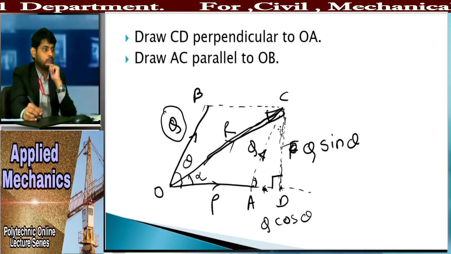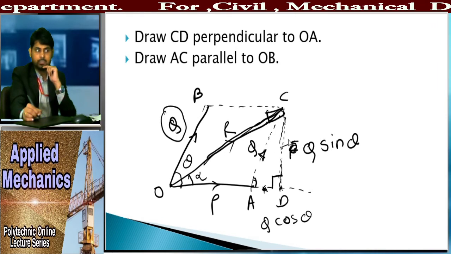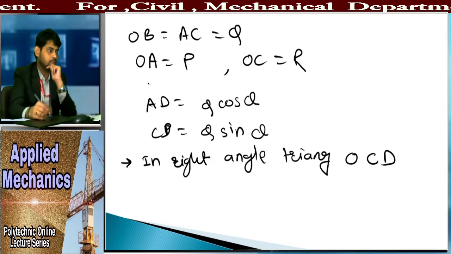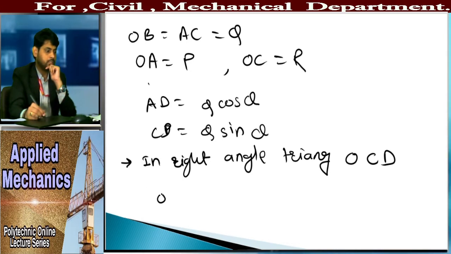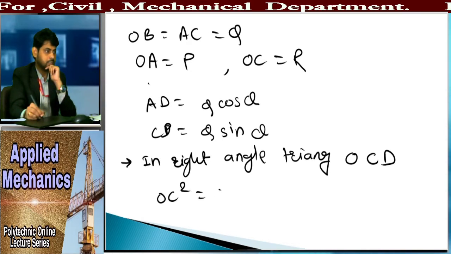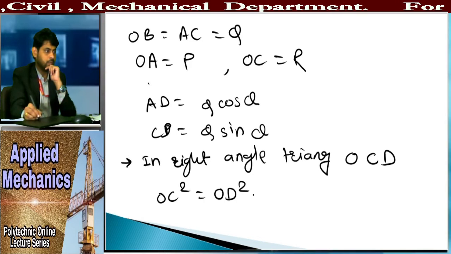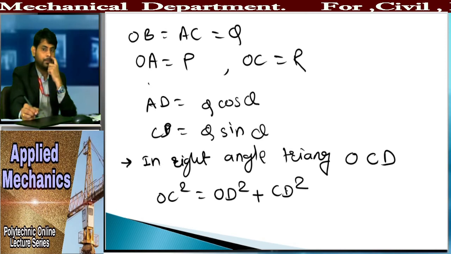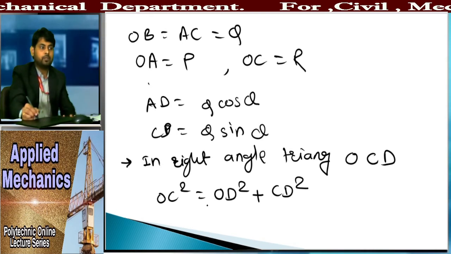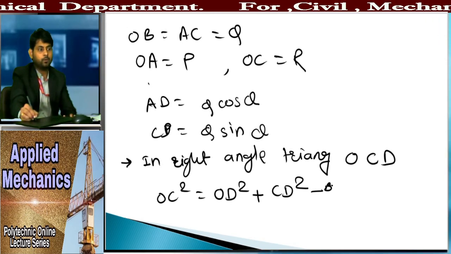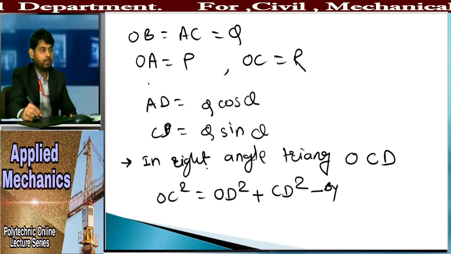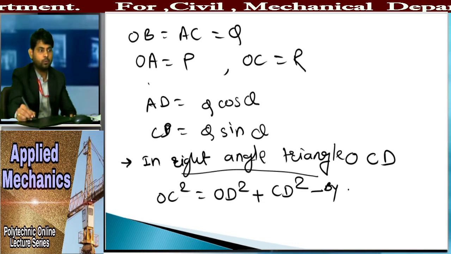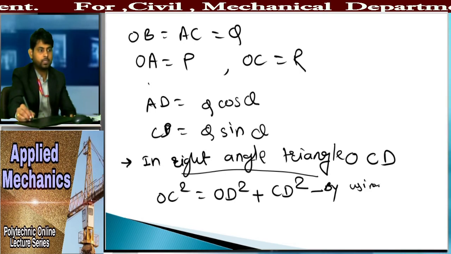So now by using the Pythagoras theorem we can write this term like this: OC square is equal to OD square plus CD square, right? So this is the equation by using Pythagoras theorem, because it is a right angle triangle.